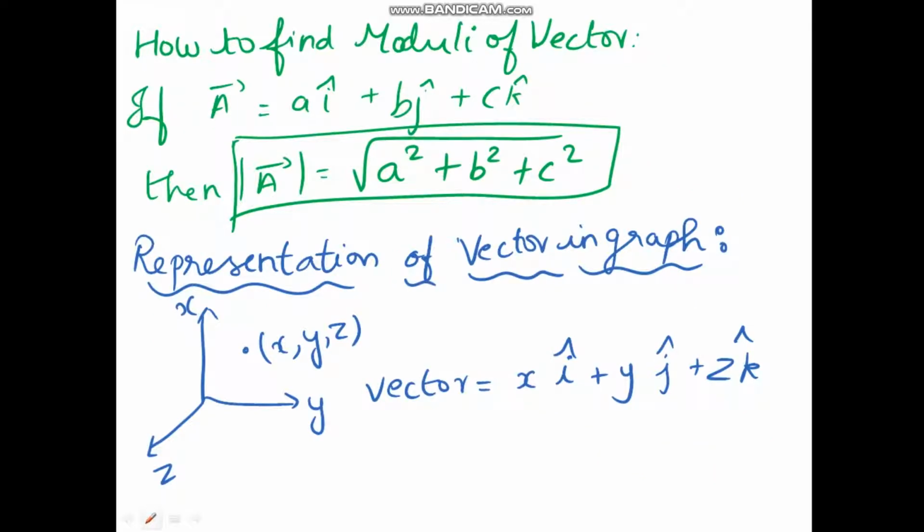Suppose you are given a vector A which is equal to ai cap plus bj cap plus ck cap, then the magnitude of the vector is given by square root of a square plus b square plus c square. Suppose you are given a vector 5i cap plus 2j cap plus 3k cap, its magnitude is nothing but the square root of 5 square plus 2 square plus 3 square.